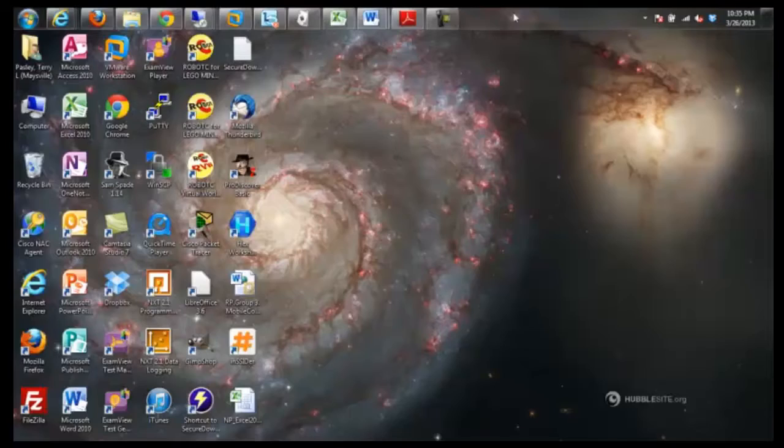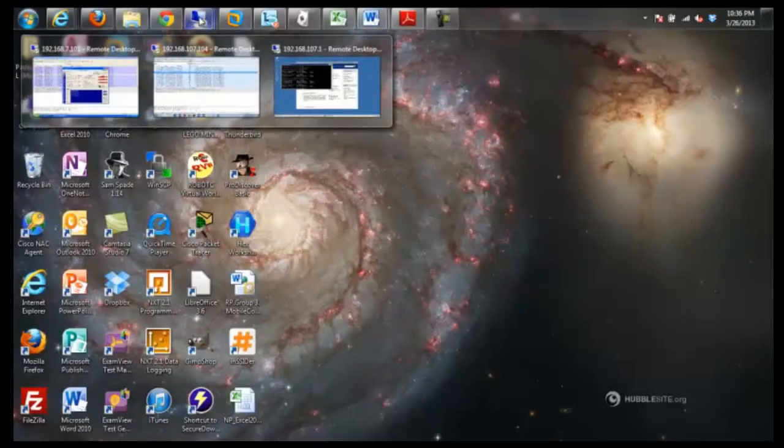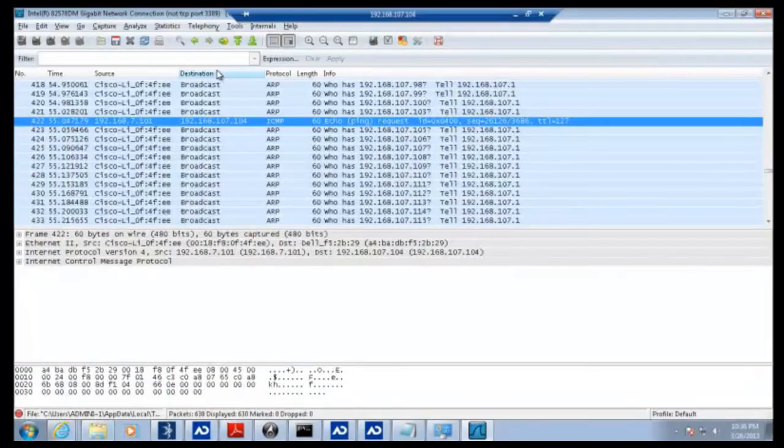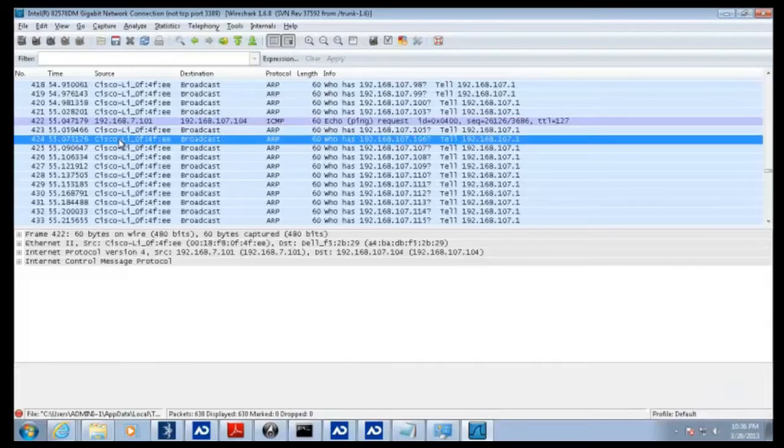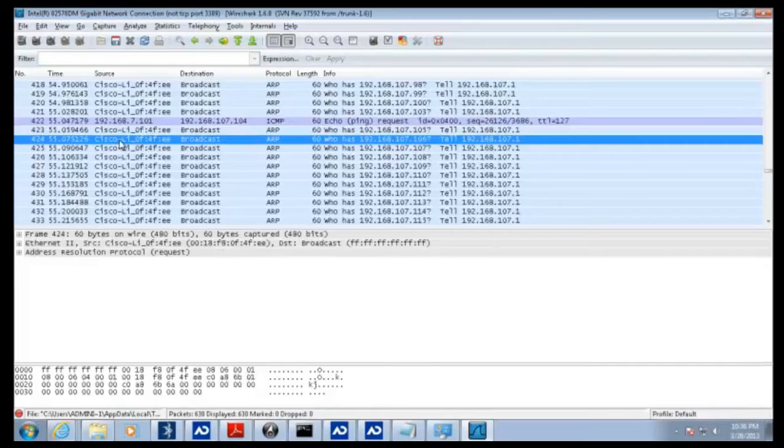Let's go back over to this network. If you see a whole bunch of ARP broadcast request packets here, in all these cases, if you look this up, this is the gateway, the router interface, trying to obtain the MAC addresses of these IP numbers, and it's because something triggered it from the outside.